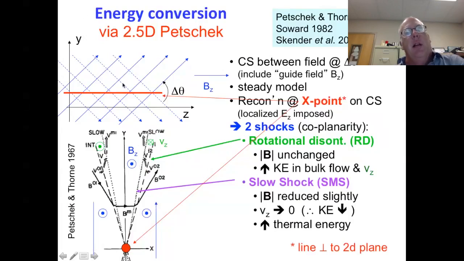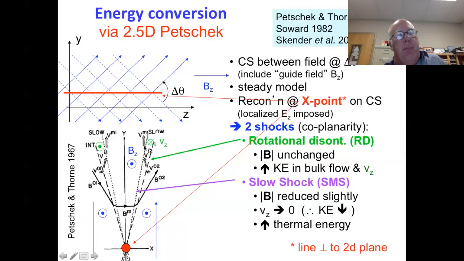So if I look at the top, that's again a picture of field lines that are going up and to the right and down and to the right, and they are misaligned by an angle delta theta. Delta theta is the view I get from the face-on view of the current sheet. It has nothing to do with the wedge that you see in the bottom left.